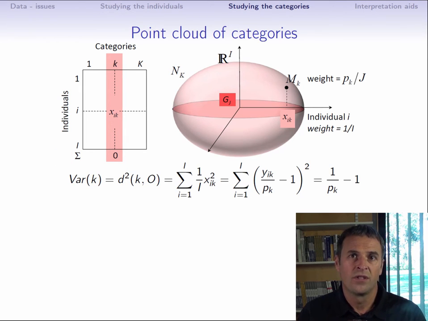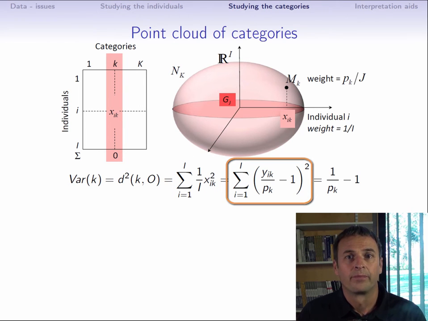This is equal to the square of the distance between this category and the origin in the space R^I. If we look at the square of this, it's indeed the sum of the squares of the coordinates, weighted by 1 over I. Now, what happens if we try to state this variance in terms of the complete disjunctive table? This is what we get.